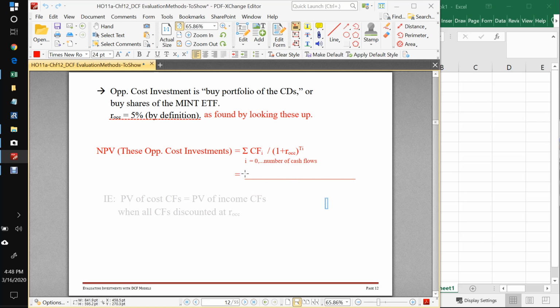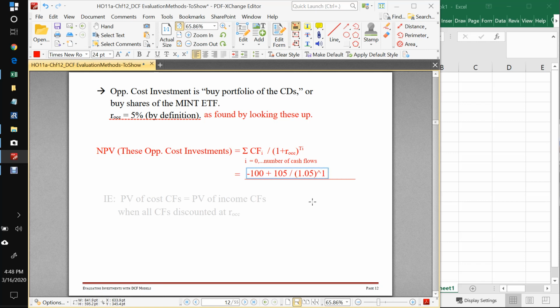If we bought, we'd pay 100 here. Then after a year, these being 1 year investments, we would get 105 divided by 1.05, because our opportunity cost of capital is 5%, raised to the 1.